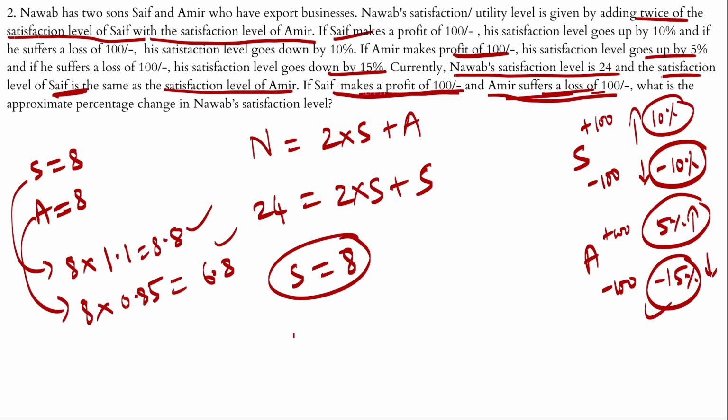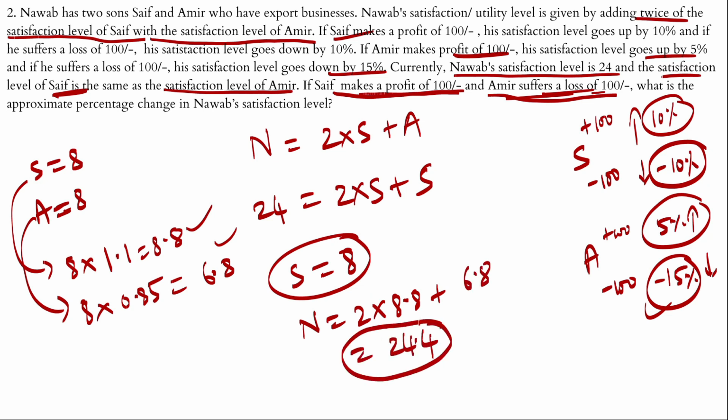Let us calculate for Nawab as well. N is equal to 2 into S plus A. So 2 into 8.8 plus 6.8. So this will be equal to 24.4. But we are asked to find out the percentage change in Nawab's satisfaction level. At first, Nawab's satisfaction level was 24.